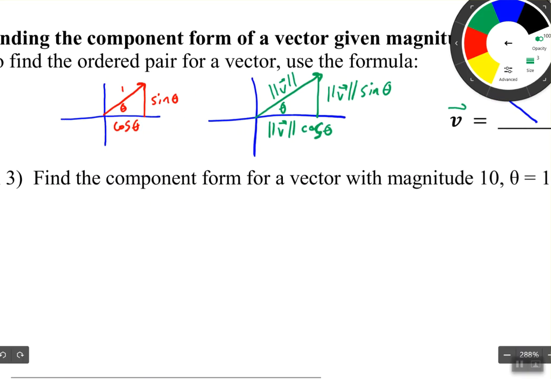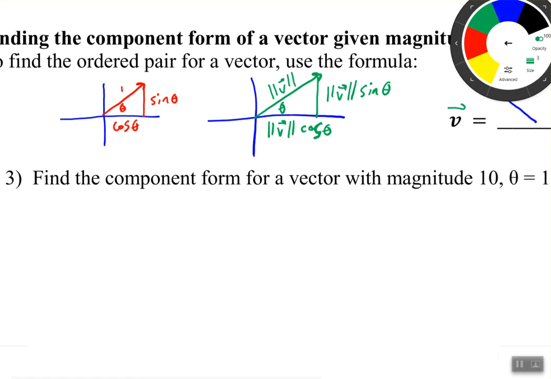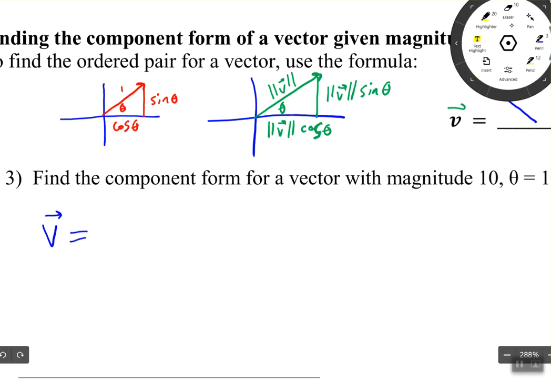Ready? So when we go to find that vector, it's equal to, hang on a second, I drew that wrong. It's equal to the magnitude, which is the 10, and then for the x, do I use cosine or sine?